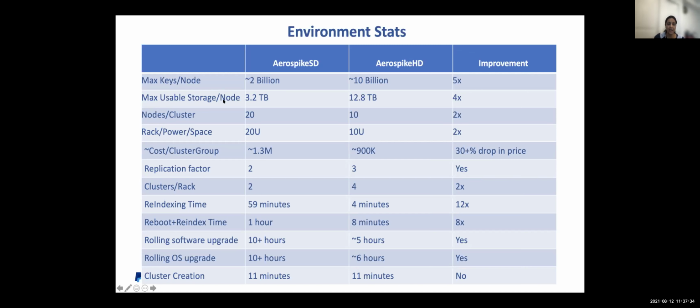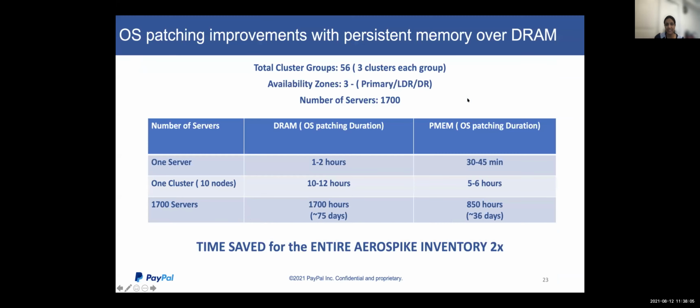With persistent memory, we can now have denser hardware and denser nodes that can store more data. Earlier, one node used to store around 3.2 terabytes of data, which can now store 12.8 terabytes. Here, HT means high density, that is persistent memory, and ST means standard density. So the storage density on the nodes has increased by 4x.